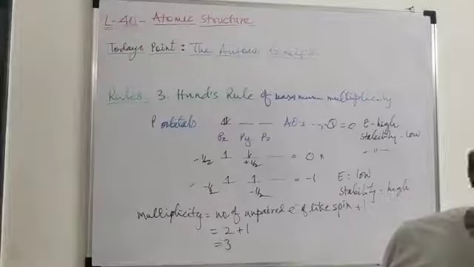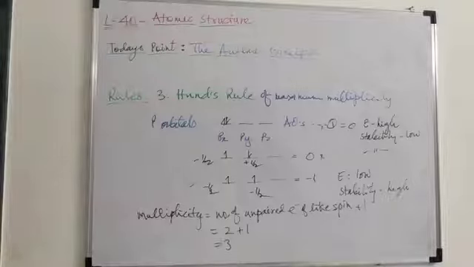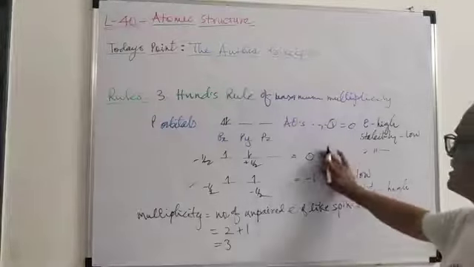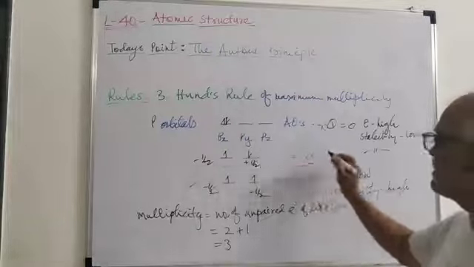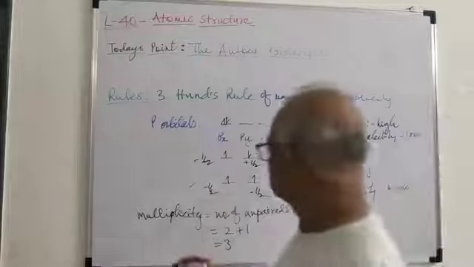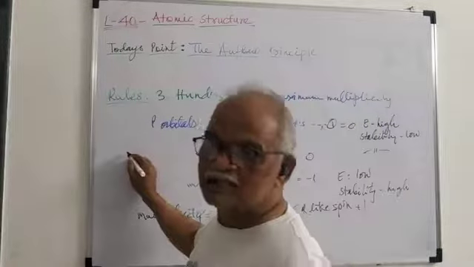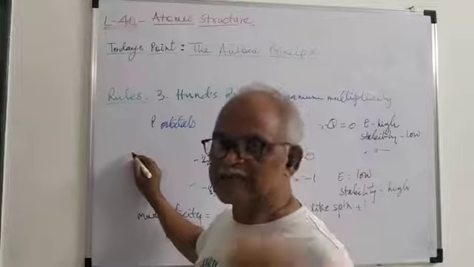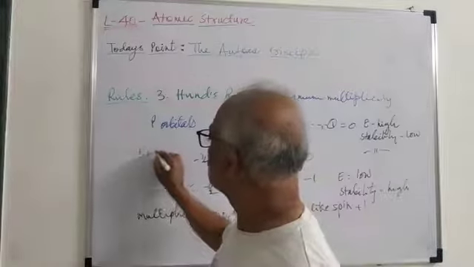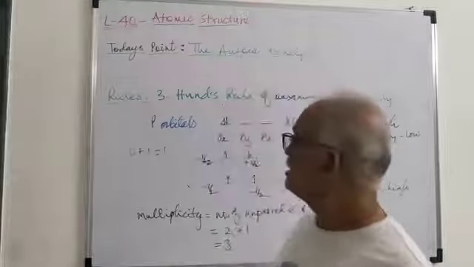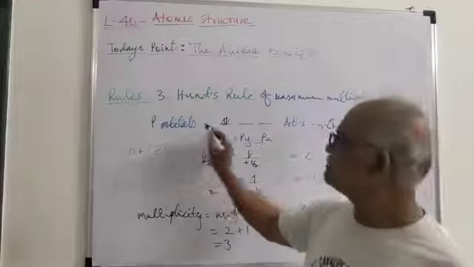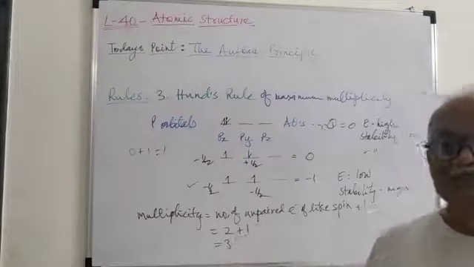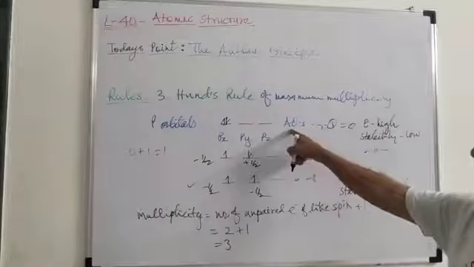In this case, the multiplicity is calculated as follows: the number of unpaired electrons of the same spin is 0, plus 1 means multiplicity is 1. In this case, the number of unpaired electrons is also 0, plus 1 means 1. So multiplicity here is 1.